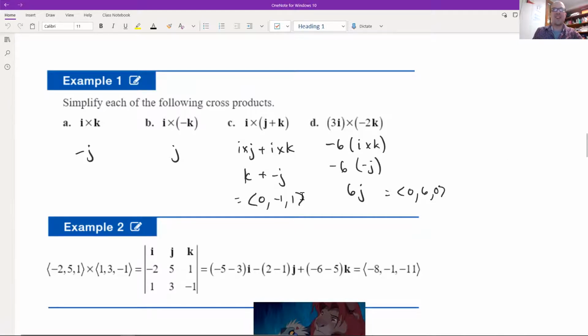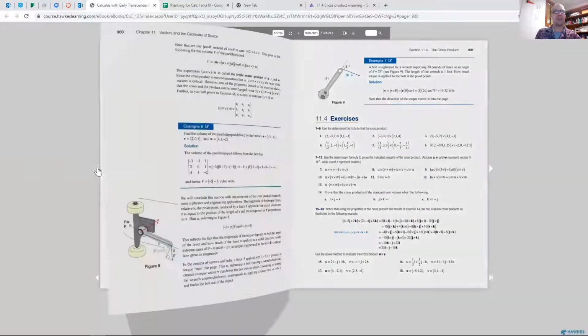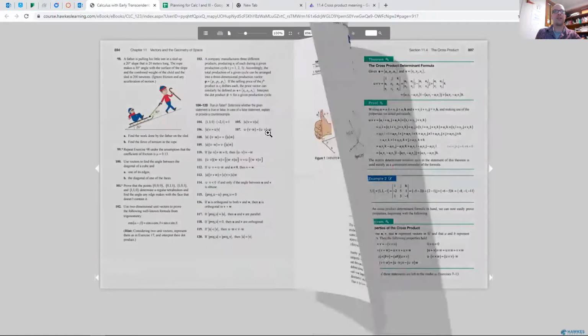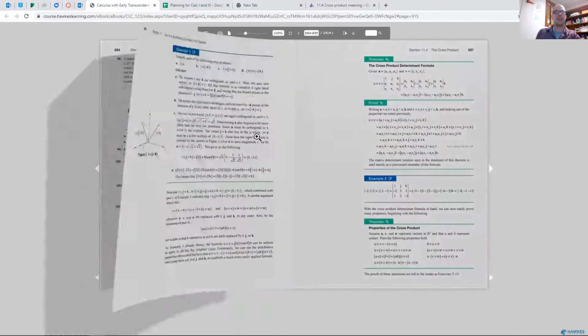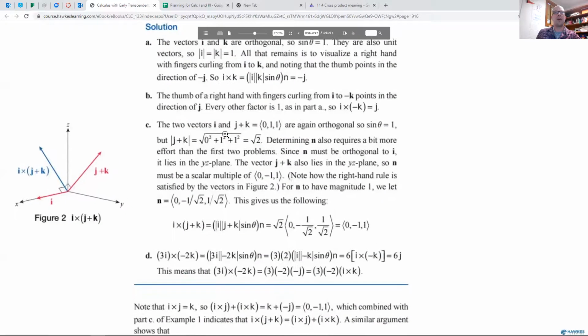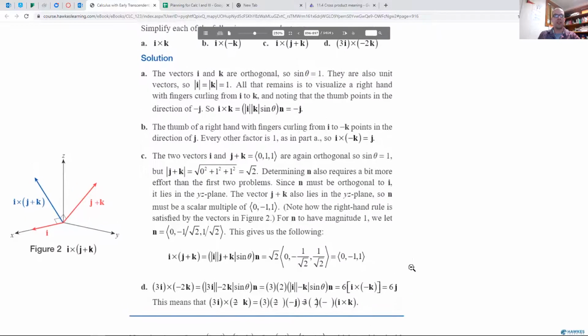So yeah, if I got those wrong, let me know. Hopefully I didn't. We can check real quick. There we go. Negative J, then J, 0, 1, 1, and yeah, 6J at the end. Great.